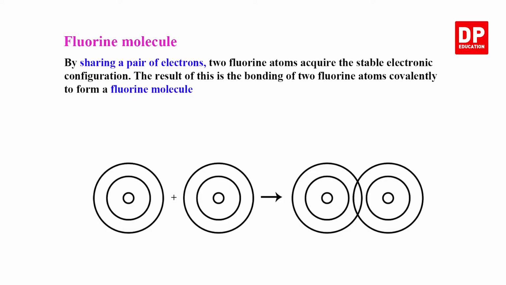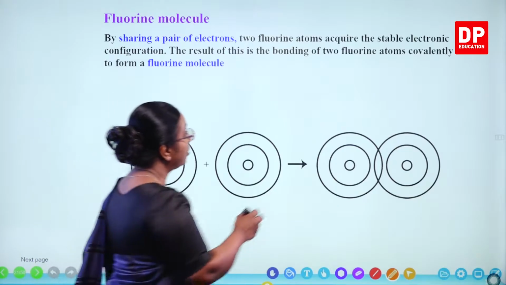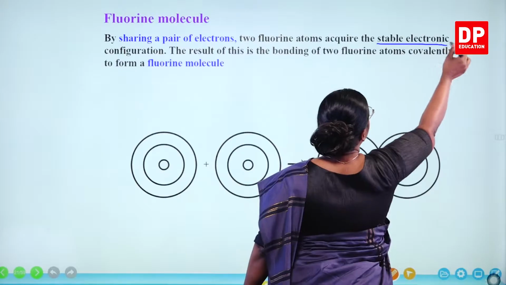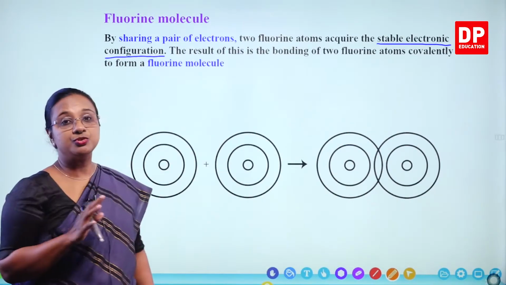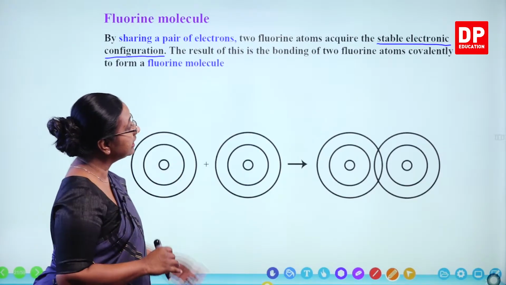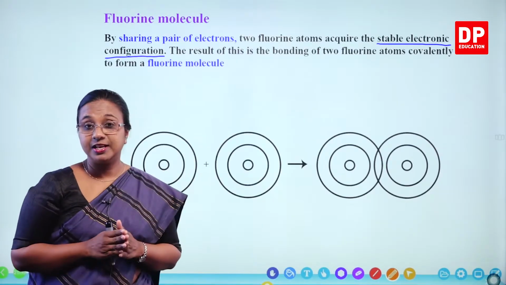So to understand that, we have the fluorine molecule first. I will read this and explain it to you all. By sharing a pair of electrons, two fluorine atoms acquire the stable electronic configuration. So always you all know the purpose of atoms of elements forming bonds is to achieve or acquire the stable electronic configuration.